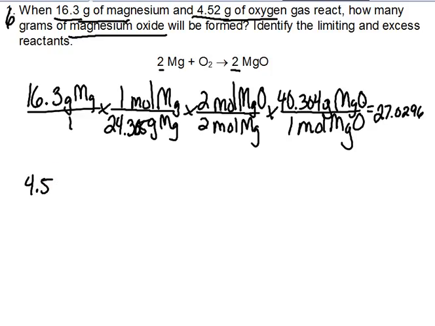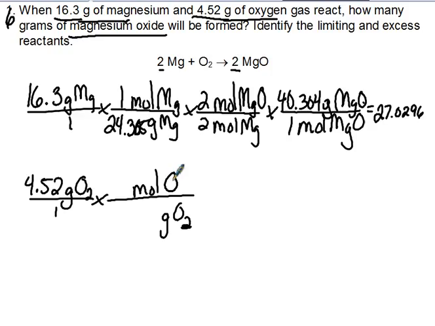grams of oxygen. The only thing that grams can be converted to is moles. I go from moles of oxygen again. I want to go to the same product so I can compare them.